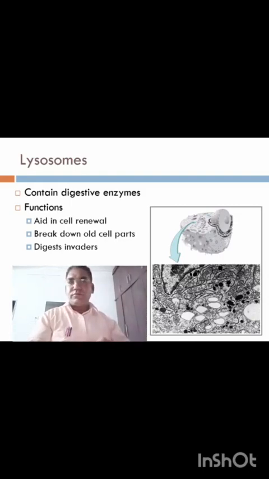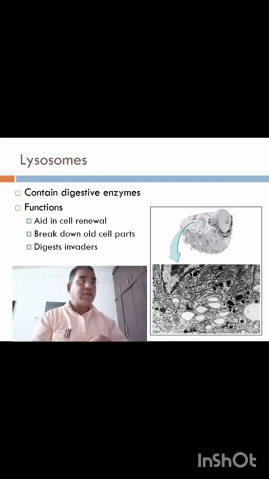They also digest old and dead cell organelles, so they are helpful to remove cellular debris. Sometimes when the cell is damaged, getting too old, or has any kind of injury, then in such conditions the enzymes are released from the lysosomes in an uncontrolled way.